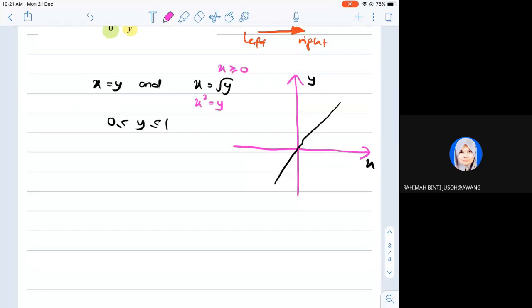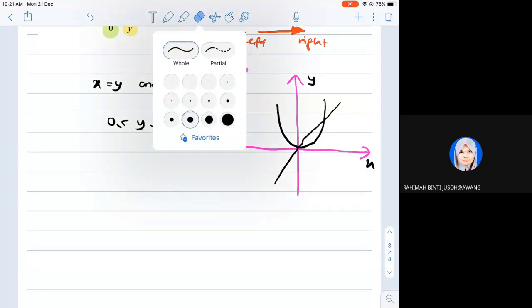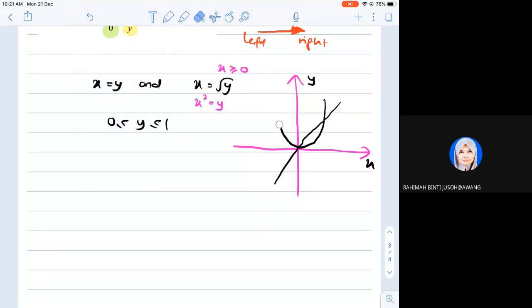So we can erase this part, and we will have this region. The movement is from left to right.